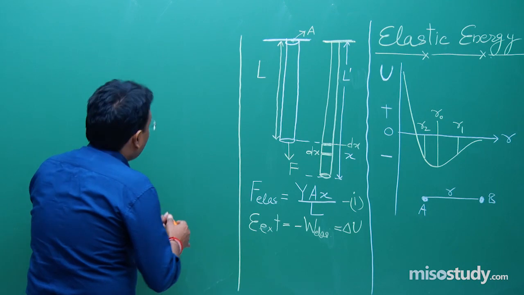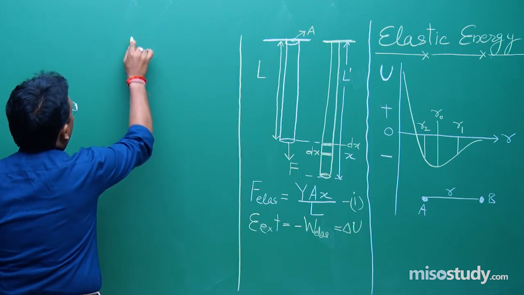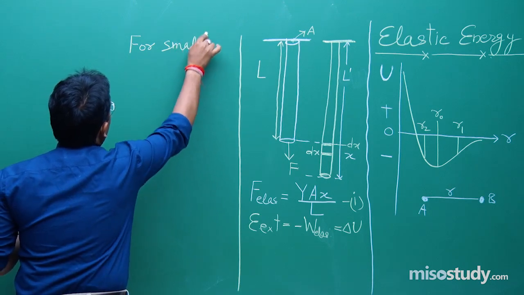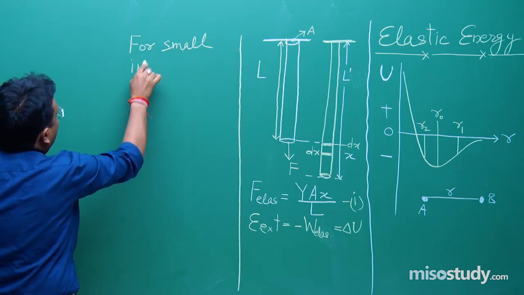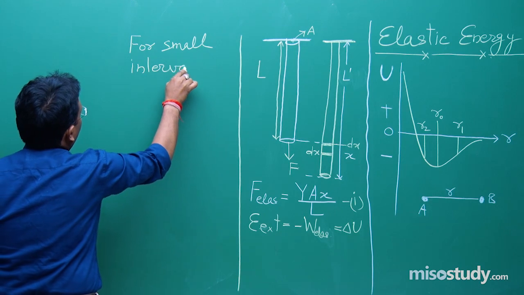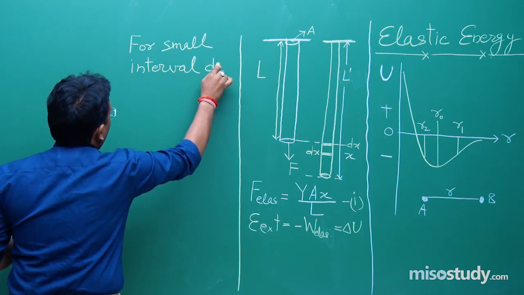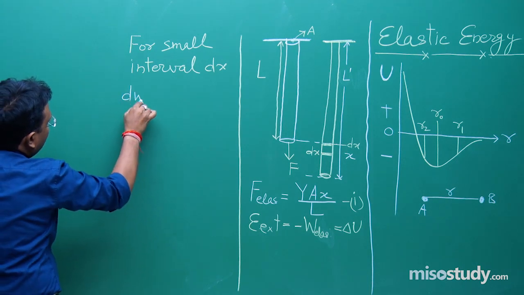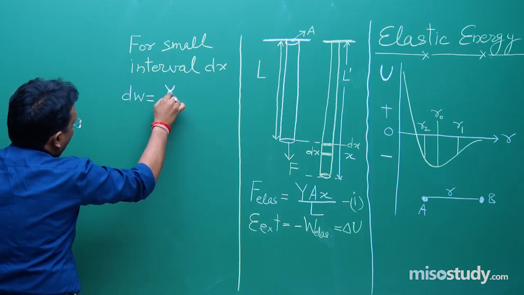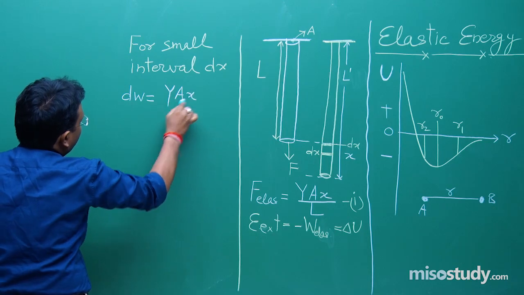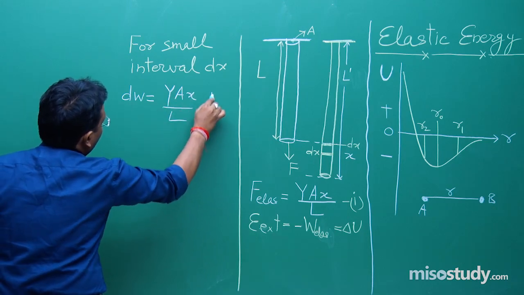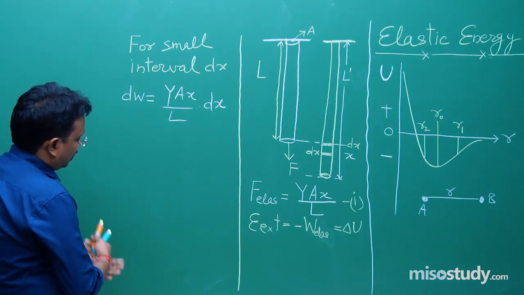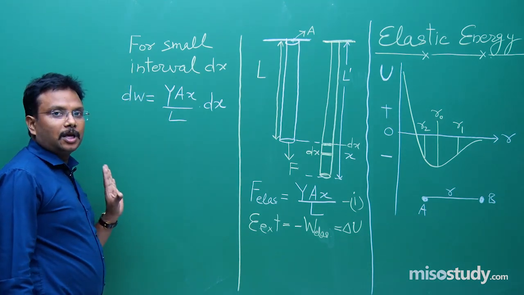So for a small interval dx I can write dW is equal to Y A x upon L into dx. I hope you all will be comfortable with this particular equation.